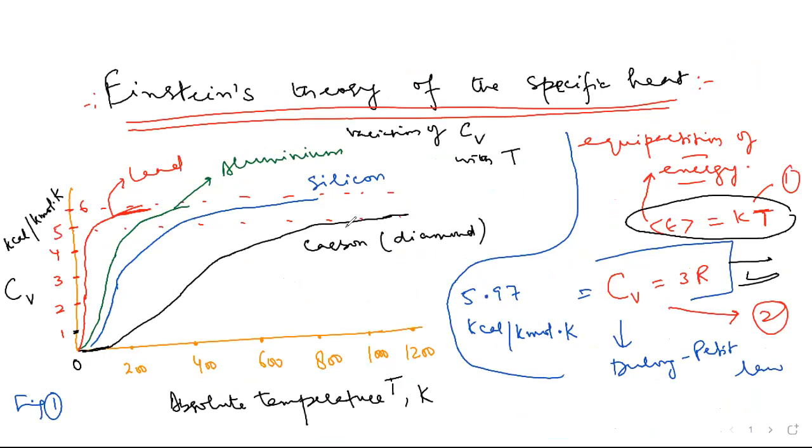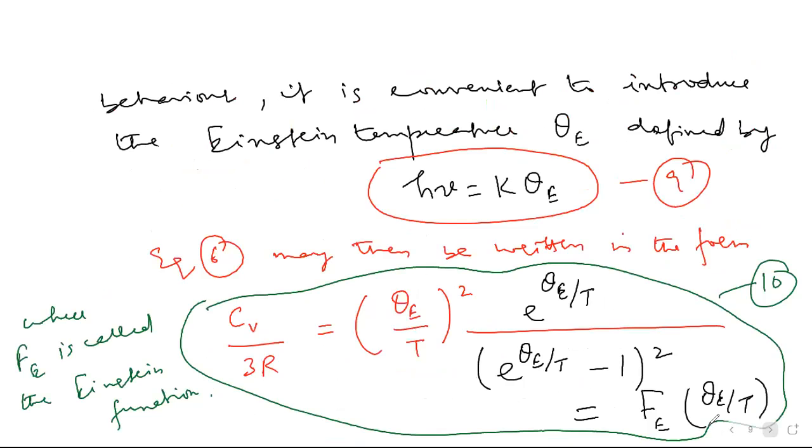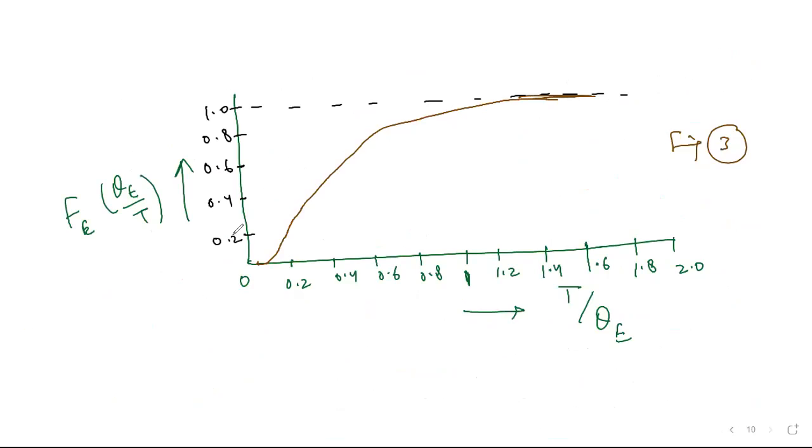These are the specific heat curves obtained experimentally for different elements. You can see the shape of the curves matches with the Einstein function, right? But there is a problem with this curve.